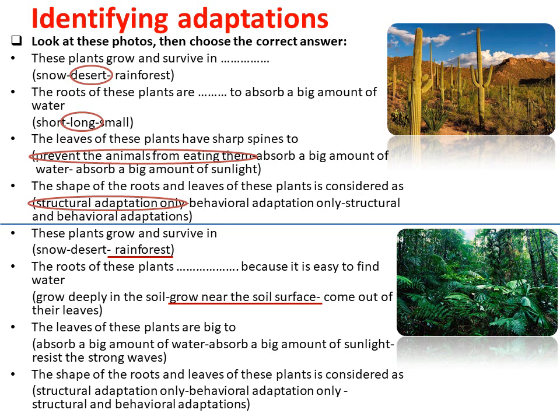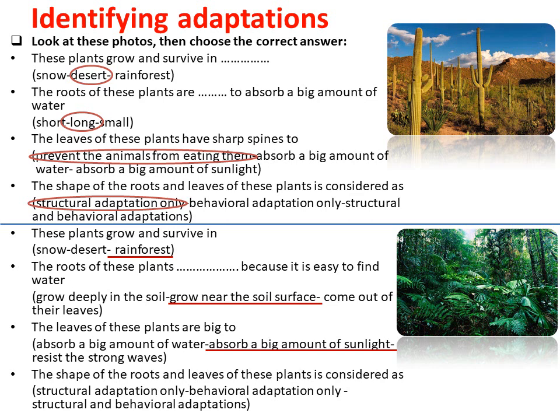The leaves of these plants are big to absorb a big amount of water, absorb a big amount of sunlight, or resist the strong waves. Of course, it's to absorb sunlight, because we are in the rainforest, so it is hard to find sunlight. So it is here to absorb a big amount of sunlight.